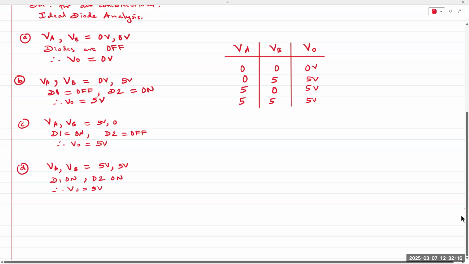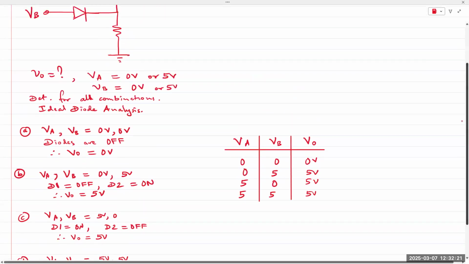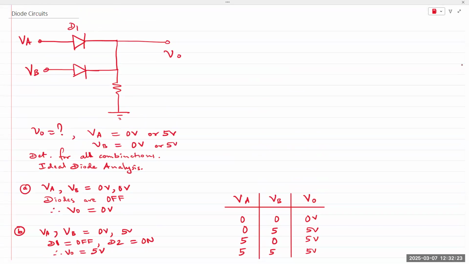Then let's look at another one. Let's reverse these diodes. If we reverse these diodes, what do we get?